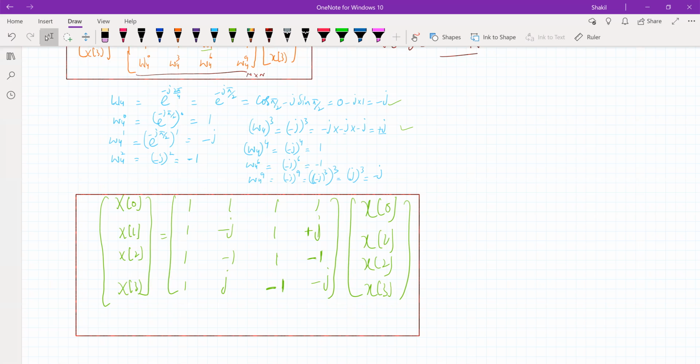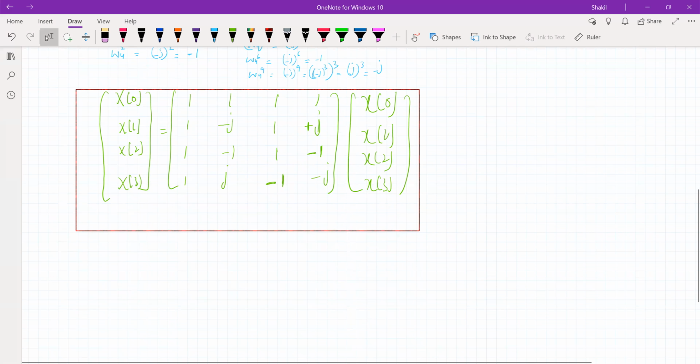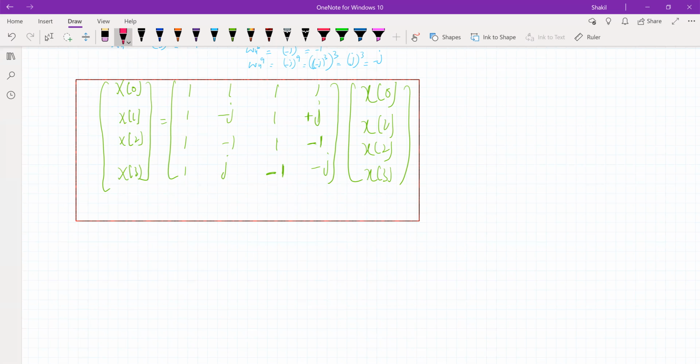So in the previous session we solved an example with a delta sequence. Let me start with this delta sequence. When x of n is a delta sequence and we want to compute the 4-point DFT, we add the zeros ourselves.